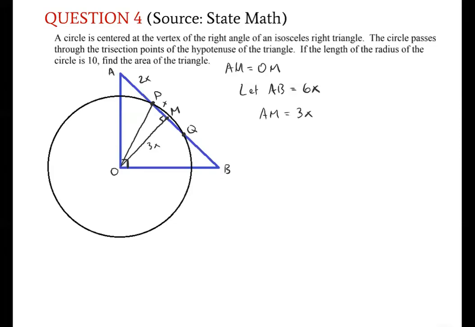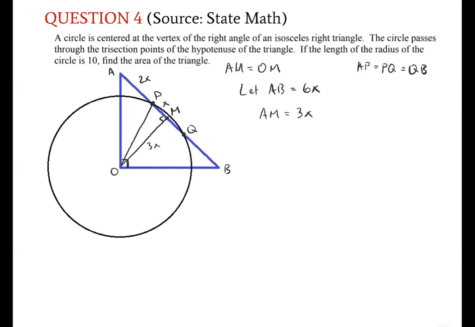So the problem states that P and Q will be trisecting the triangle. So that just means that AP is equal to PQ and QB. PM is x, since 2x divided by 2 is x, and AP is 2x.